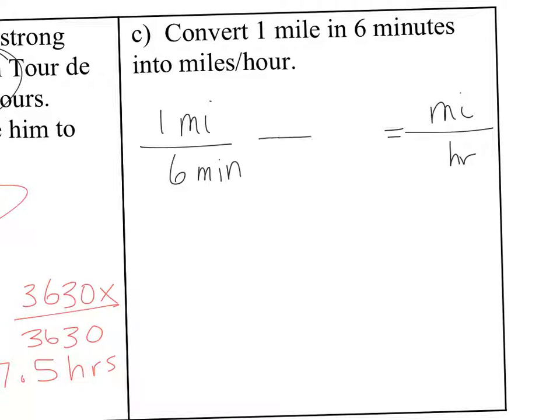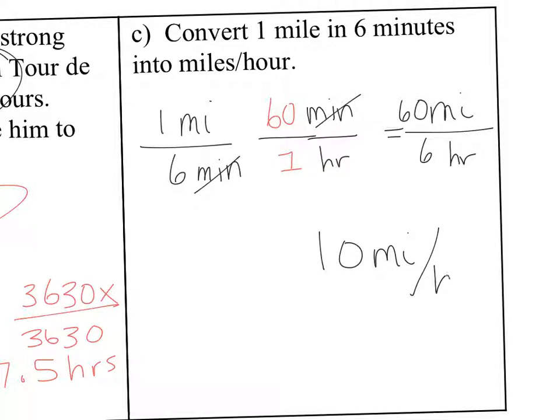So I want to lose the minutes and gain the hour. And there are 60 minutes in 1 hour. So what's going to happen is these minutes are going to cancel out, and I'm going to be left with 1 times 60 divided by 6 times 1. So 60 over 6, which reduces to 10 miles per hour.